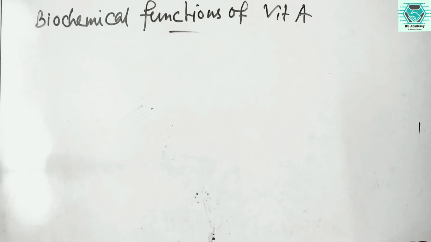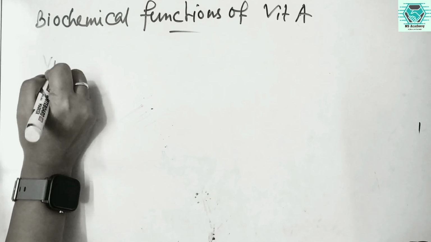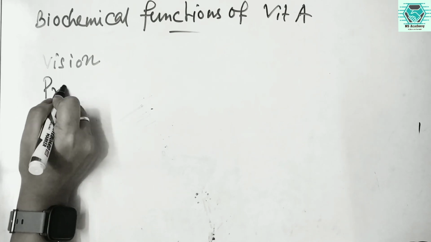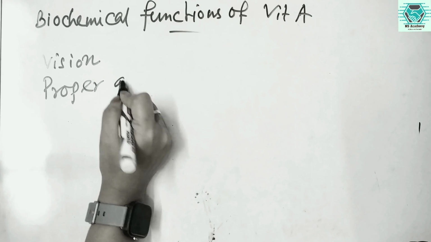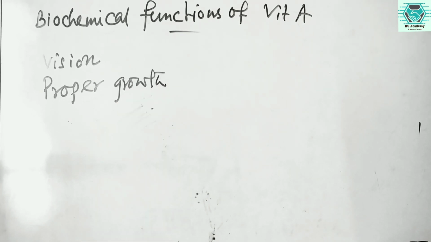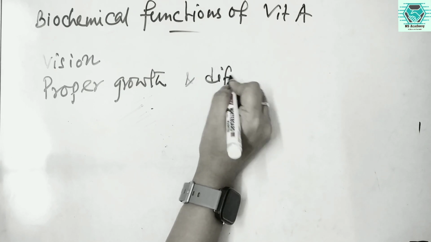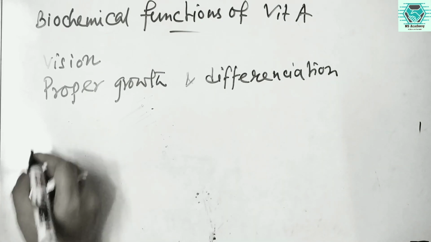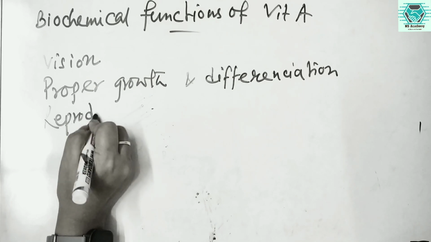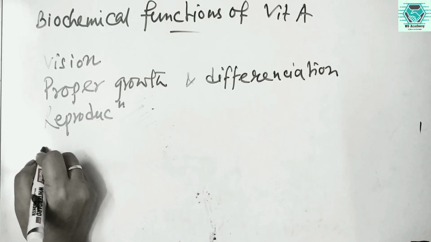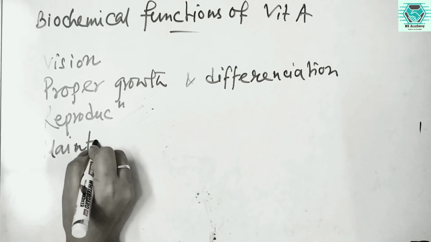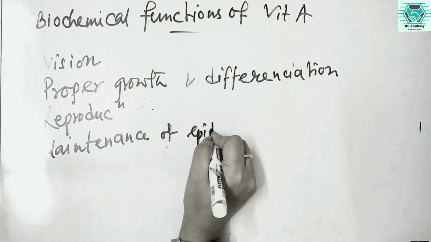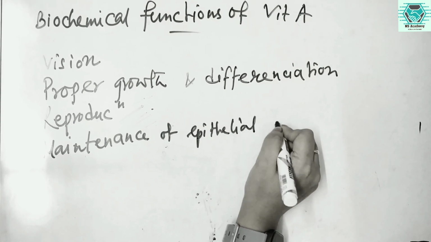So vitamin A is necessary for a variety of functions like vision, which is most important, then proper growth and differentiation, reproduction, and maintenance of epithelial cells.